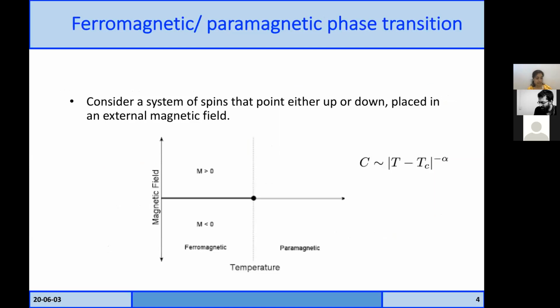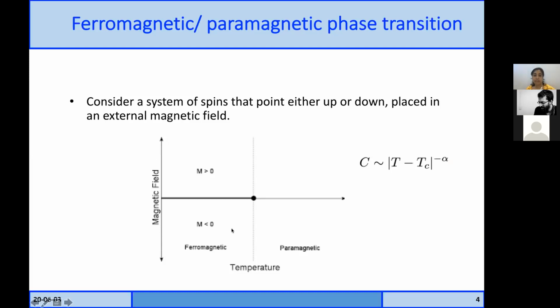Now let's move on to a different example. This is the ferromagnetic-paramagnetic phase transition. A similar phase transition occurs here. We consider a ferromagnet placed in an external magnetic field, and here the degrees of freedom are the individual spins that can point either up or down, and the tunable parameter is the temperature.